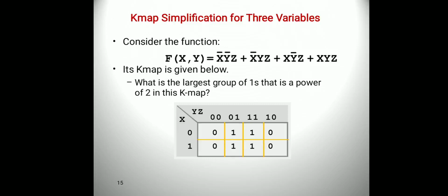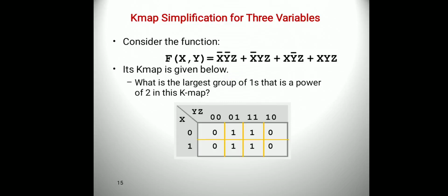See another example, which is for 3 variables. F of x is equal to x complement, y complement, z, meaning x is equal to 0, y is equal to 0, z is equal to 1. The variable shown by the complement has value 0, and uncomplemented means value 1.